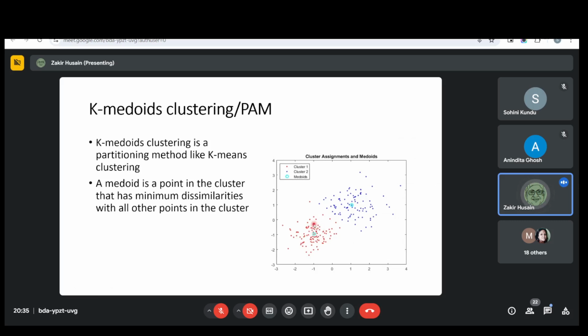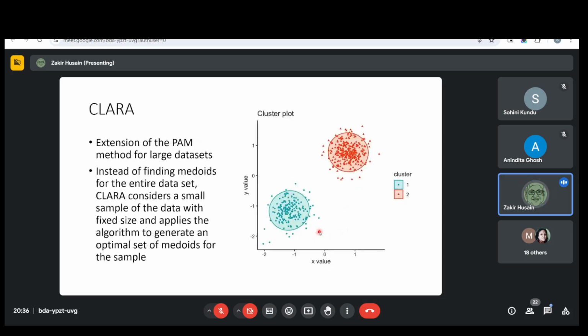You have a medoid for cluster 1, and another medoid for cluster 2. Once you have the medoid, all the points which are close or not dissimilar from it comprise cluster 1, and we form cluster 2 in the same way.